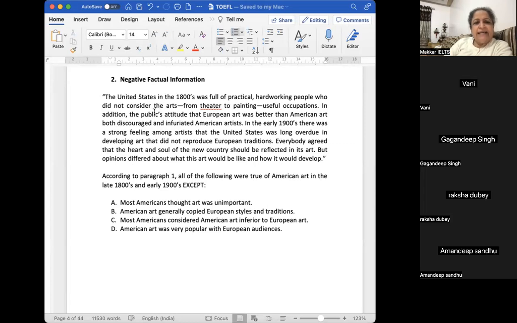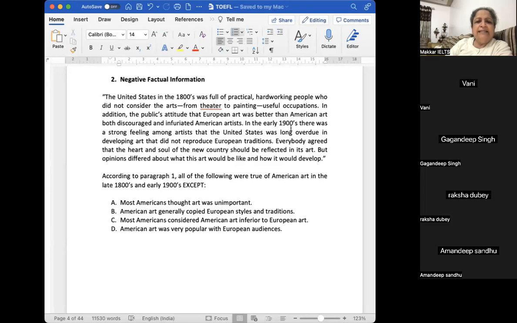The United States in the 1800s was full of practical, hardworking people who did not consider the arts, from theater to painting, useful occupations. In addition, the public's attitude that European art was better than American art both discouraged and infuriated American artists.